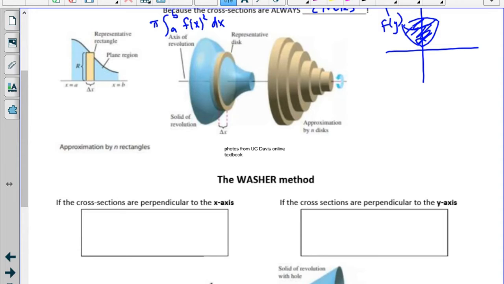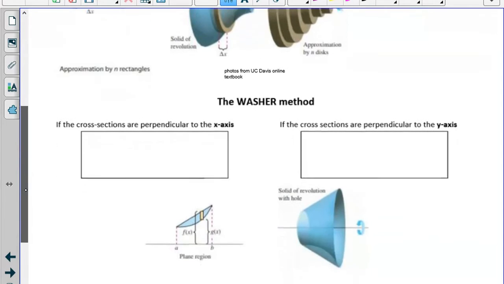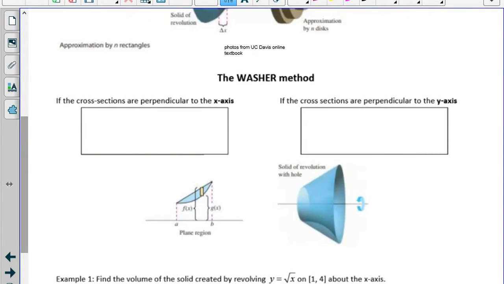Okay, the washer method is what happens when we have two functions.